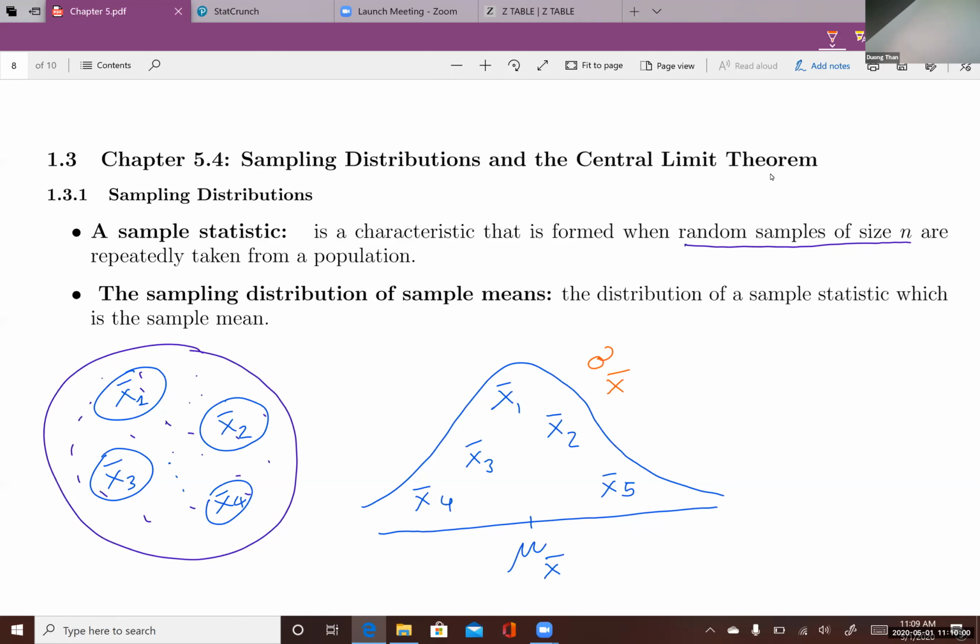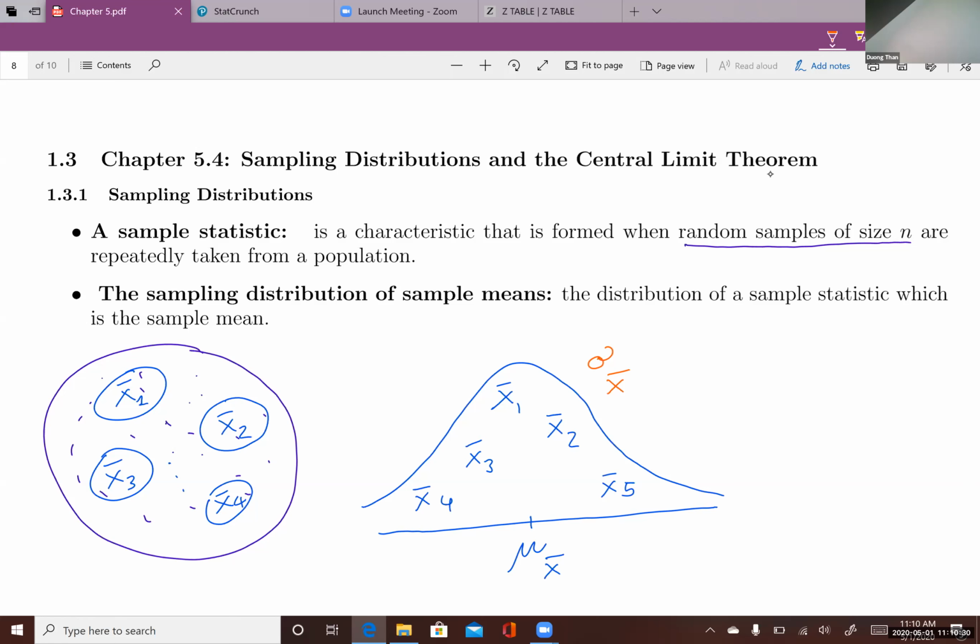All right, this is an example of the sampling distribution of sample means. Again, you are forming a distribution for all the sample means, all the means from your samples. And again, those samples are random samples of the same size n. All of the samples here have the same size, which is n.